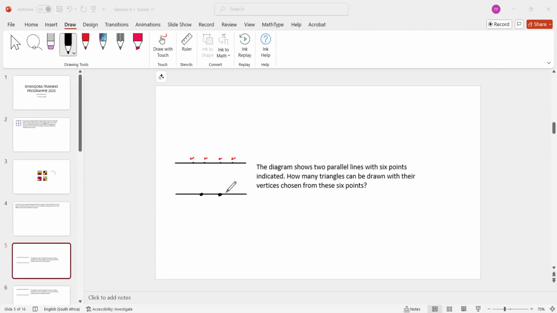So in this case here, you have 4 triangles because you've got these two, and the third one can be chosen in any one of those, and they'll give you 4 triangles altogether. So that is 4 if 2 in the lower line are chosen.